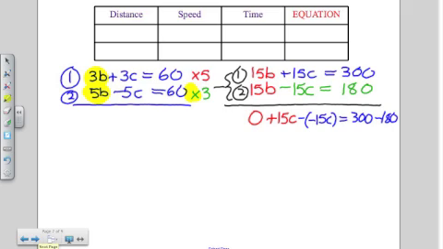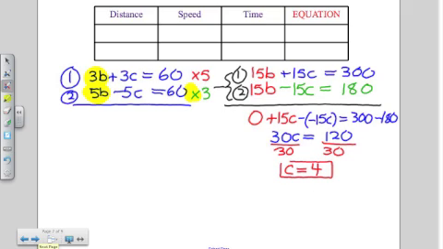So positive 15c minus negative 15c is going to give me positive 30c is equal to 300 minus 180, which is 120. If we divide both sides by 30, we get a final value, c is going to be equal to 4. That means the speed of the current is going to be equal to 4 kilometers per hour, because that's how we measure speed.